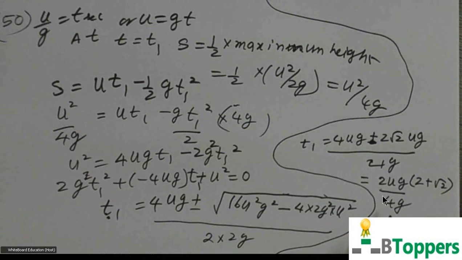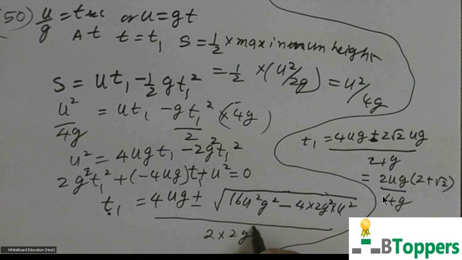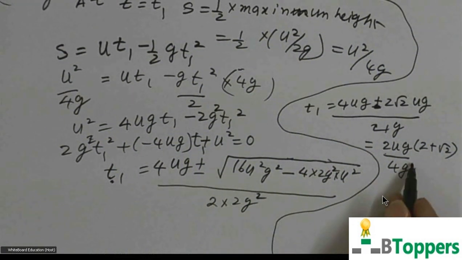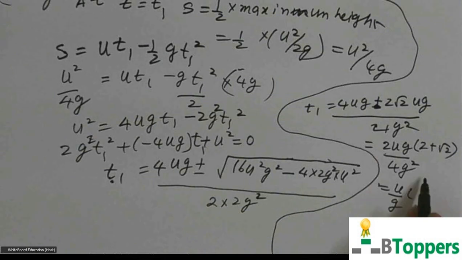The denominator is 4g square. So you can write u by g into 2 by 2, that is 1 plus root 2 by 2. u by g is t, so t into 1 plus 1 by root 2. So that's the answer.